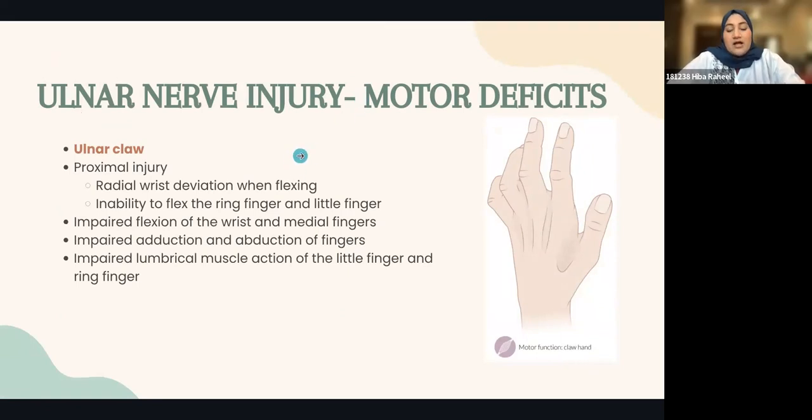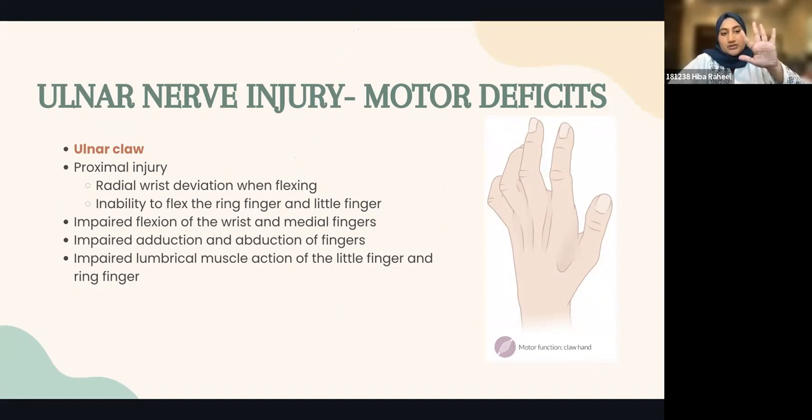Exactly, it does. But those are the motor, right? We're talking about the sensory supply right now. We're coming to the motor supply in a minute. Yes, obviously it also supplies the interossei and the two medial lumbricals. So the patient would not be able to do abduction and adduction of the hand.